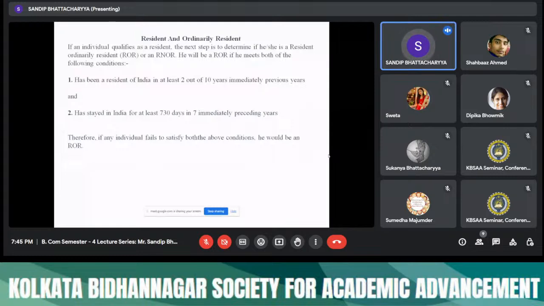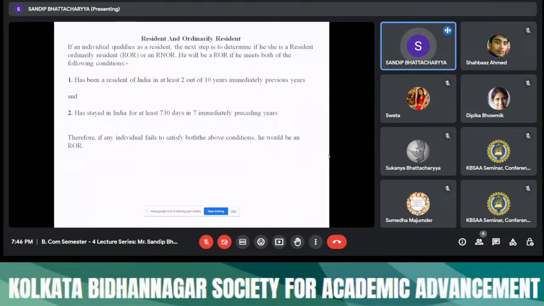And additionally, please take down this note, that it is 'and', not 'or'. In the basic condition, either one or two. If any one of the conditions is satisfied, that is okay. But in the additional condition, it is considered as 'and', that is 1 and 2 both simultaneously satisfied.